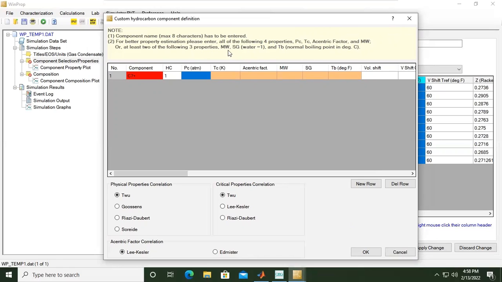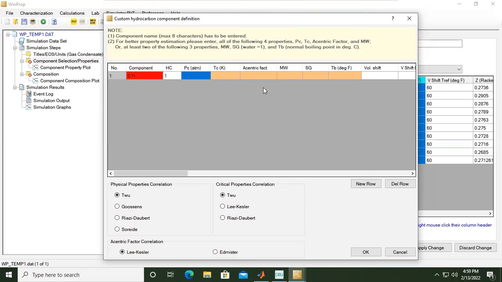These two are simpler. So, or at least two of the following three properties. Molecular weight, it's easy to measure. Specific gravity, of course, it is even easier to measure. And then the normal boiling point in degrees Celsius.